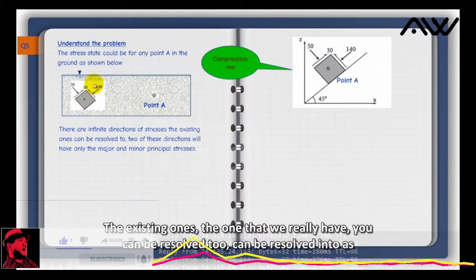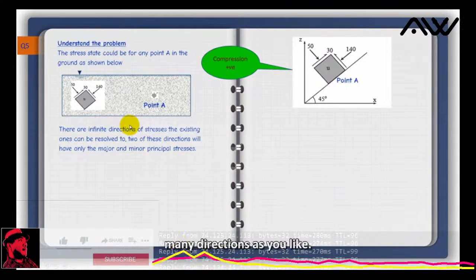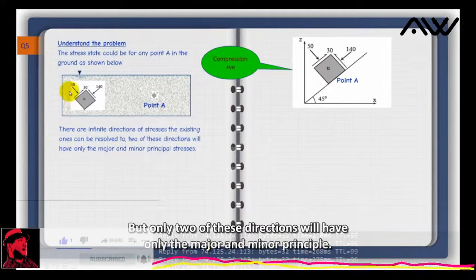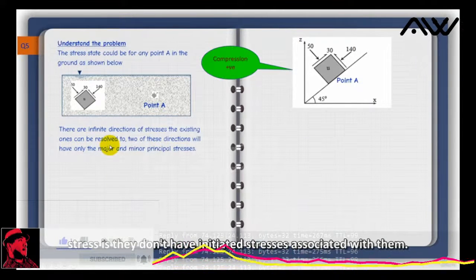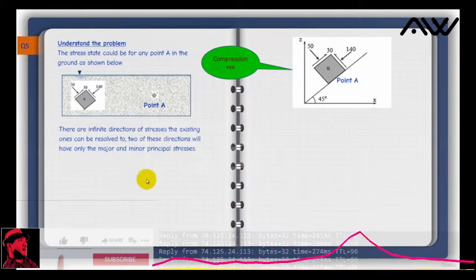The existing ones can be resolved into as many directions as you like. But only two of these directions will have only the major and minor principal stresses. Why am I saying only here? Because by definition, the effective major and effective minor stresses don't have any shear stresses associated with them.